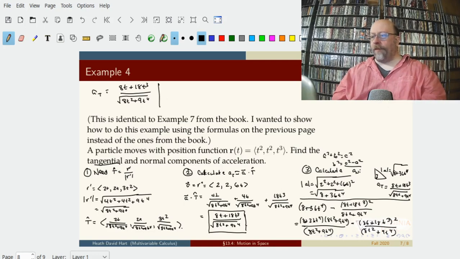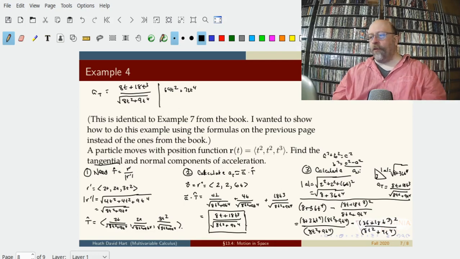When I FOIL this out, first times first is 64t squared. Outer is 8 times 9t to the fourth, which is 72t to the fourth.